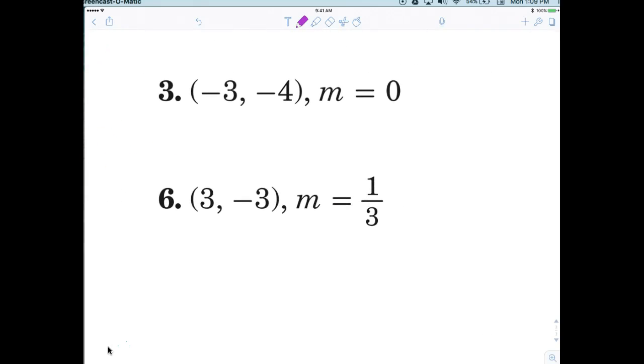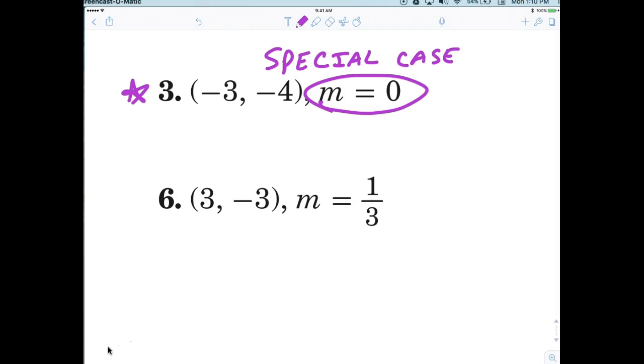Now, on number 3, I want everybody to put a star by this one. This, again, is a special case. Somebody tell me why it's a special case. Because the slope is 0. All right, I've always told you that the equation of a line with a slope of 0 is what? y equals. Is everybody with me?